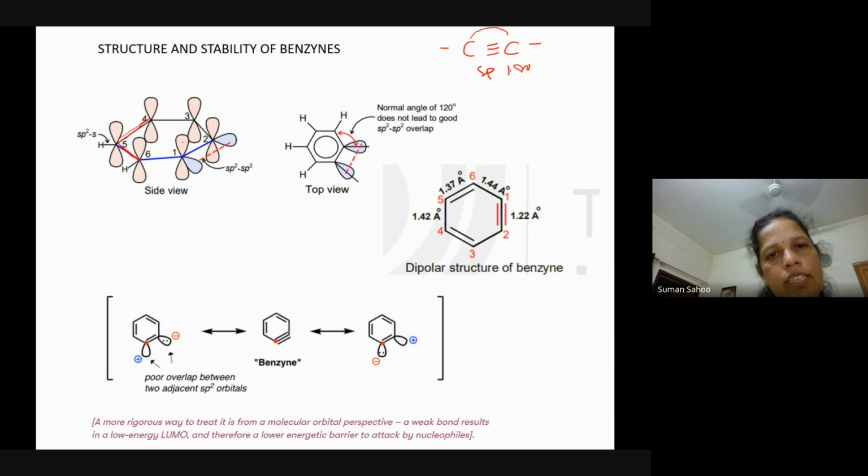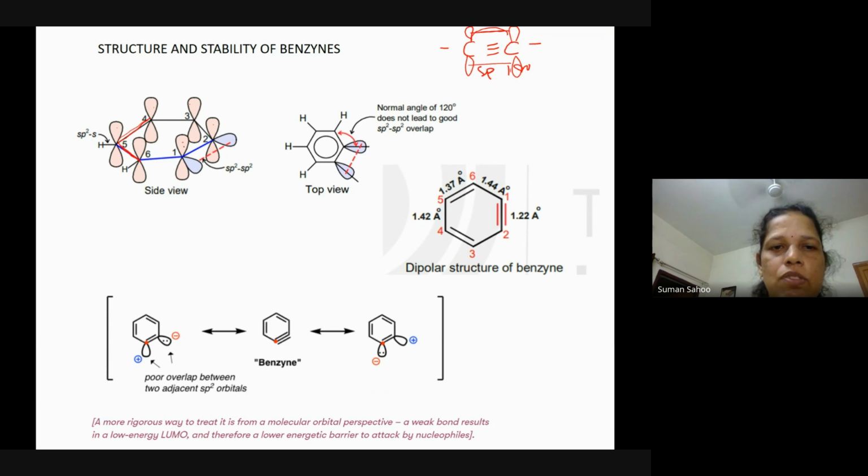In this case, as with an alkyne, this one is named benzyne because you are having a carbon-carbon triple bond. But as we know, in case of the carbon-carbon triple bond in alkynes, the pi bond is formed from the overlapping of mutually perpendicular p orbitals.